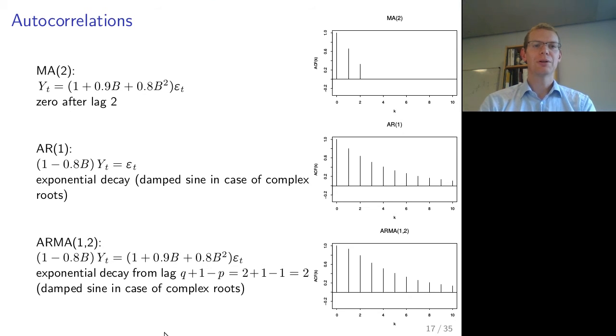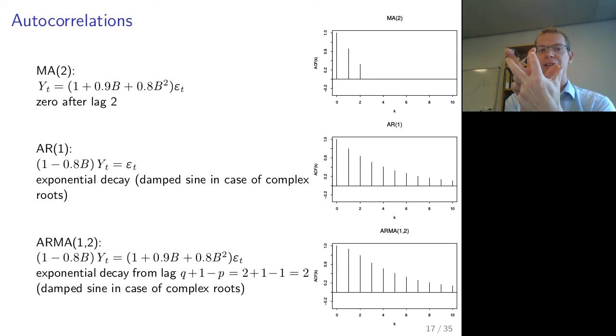If we look at the autocorrelation, then for a moving average model of order 2, we can write it like this. Then you will see that the autocorrelation is equal to 0 when you get above lag 2. How can we see that easily? If we look at this as epsilon_t, epsilon_{t-1}, epsilon_{t-2}, that sequence of those three, then at lag 0 you have the same.